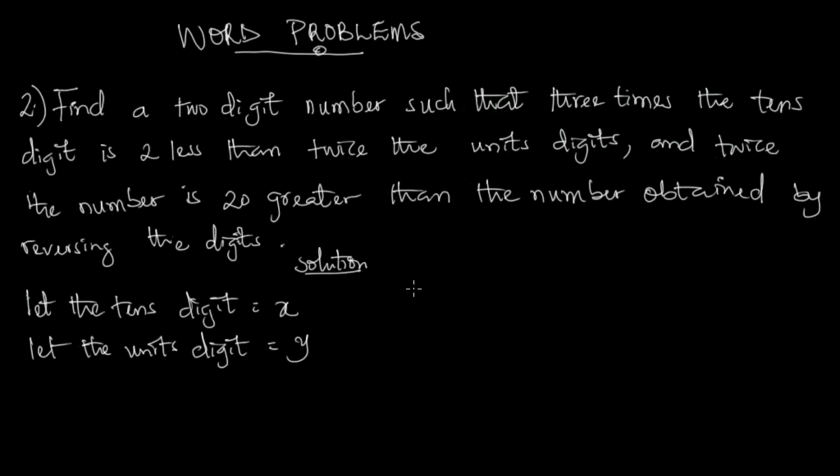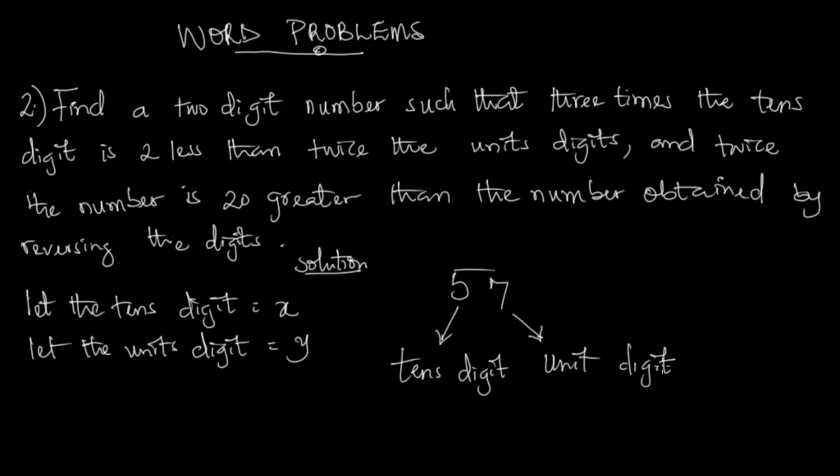If, for example, we have a number, say 57, 5 represents the 10th digit, 7 represents the unit digit. So 5 means that we have 5 groups of 10s.